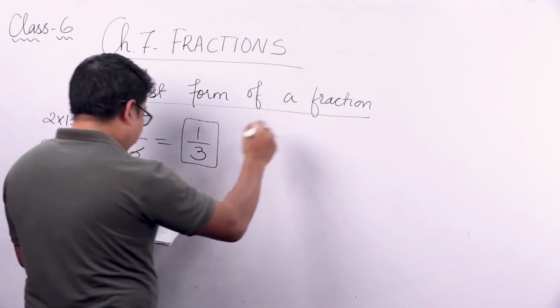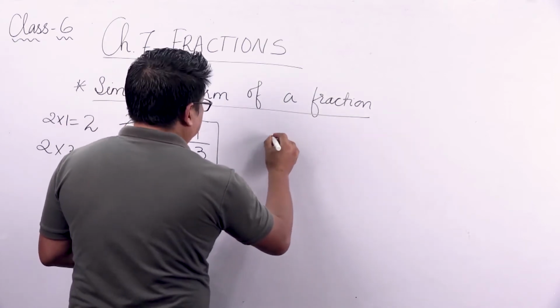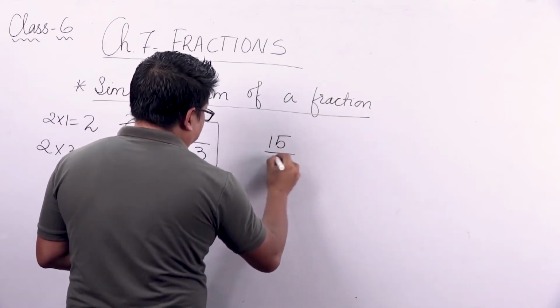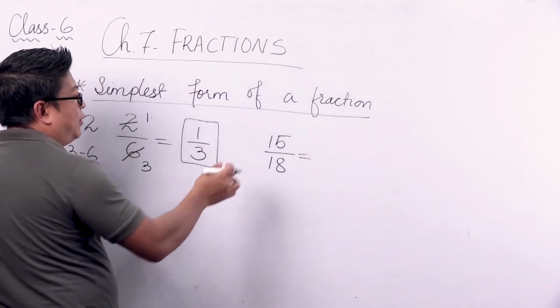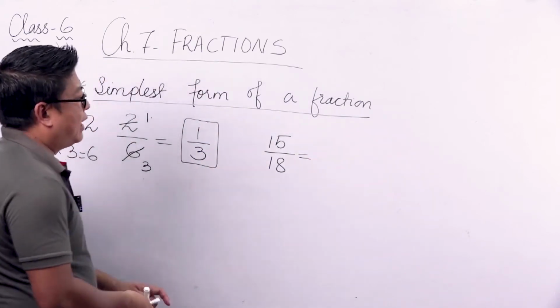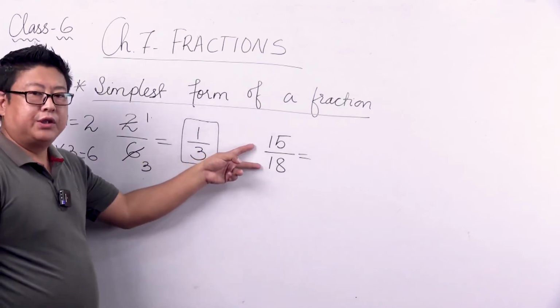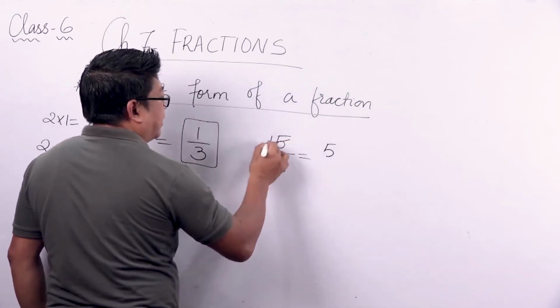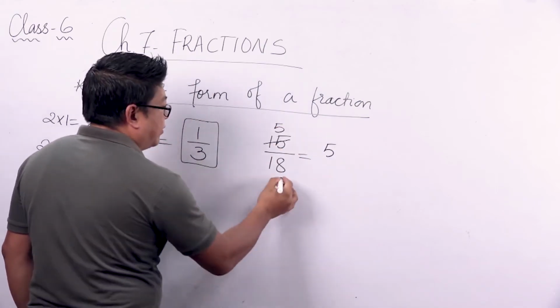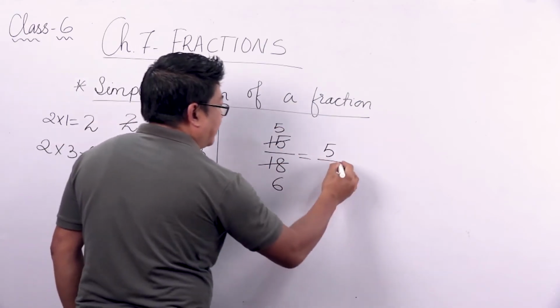Okay, let's take another example. I take 15 by 18. If you look at this 15 and 18, both of them come in the multiplication table of 3, right? 3 into 5 is 15. 3 into 6 is 18.